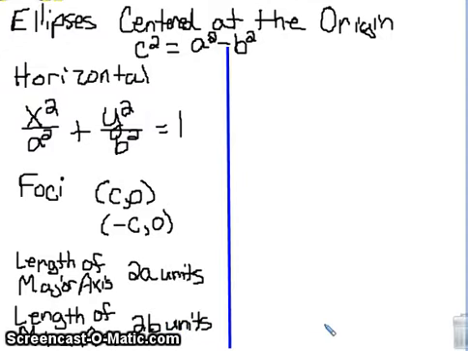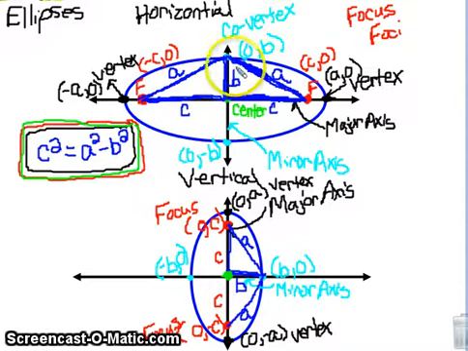If you think about it, we said that the coordinate for our A is from the center out. It's (a, 0). So if you think about finding the length of the major axis, we're going to have to double that up.